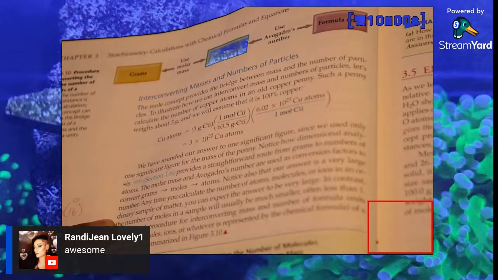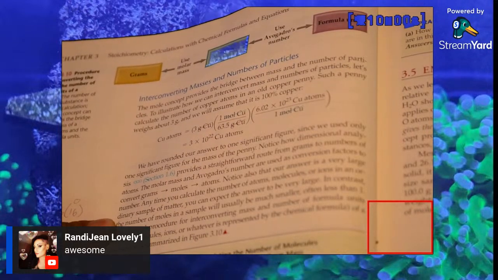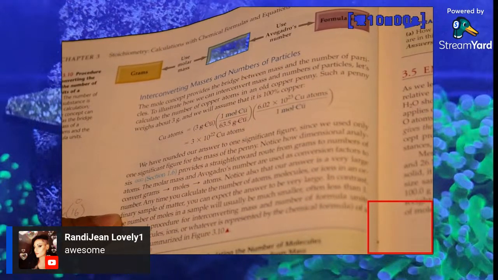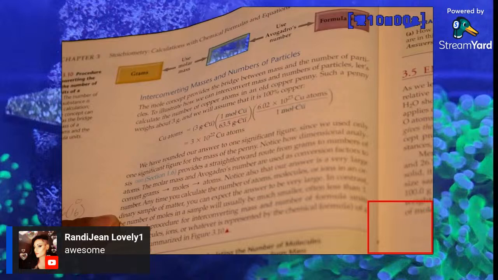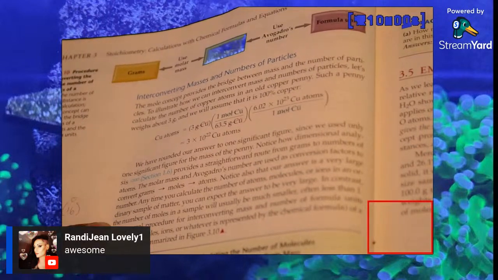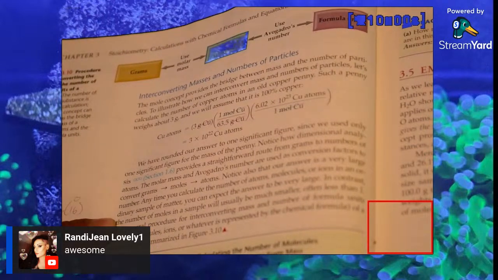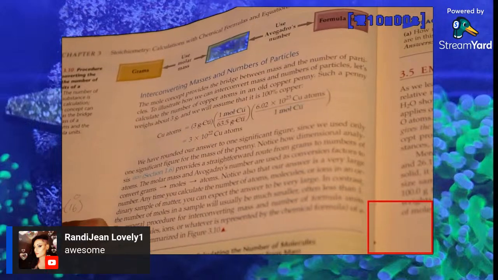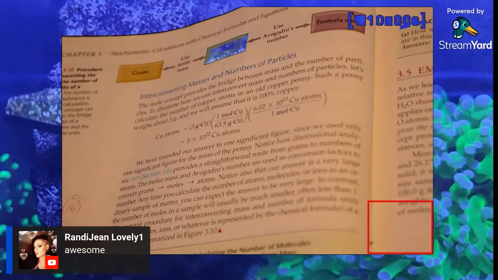It's a very large number. Any time you calculate the number of atoms, molecules, or ions in any ordinary sample of matter, you could expect the answer to be very large. In contrast, the number of moles in a sample usually is much smaller, often less than 1.